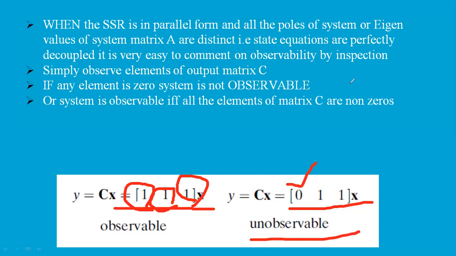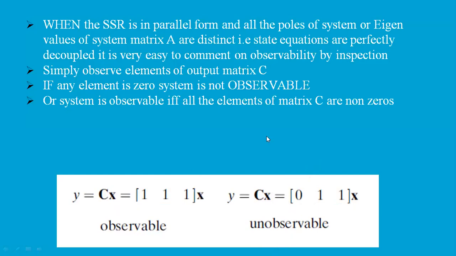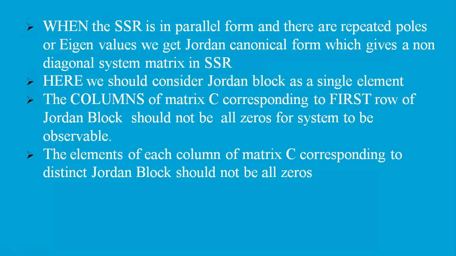If any zero is there, then the system becomes unobservable. The same explanation holds good for observability as well. Here the columns, there the rows. So what should we do when the system is represented in Jordan canonical form, that is, the system has repeated roots, repeated poles or repeated eigenvalues? Here we should consider the Jordan block as a single element.